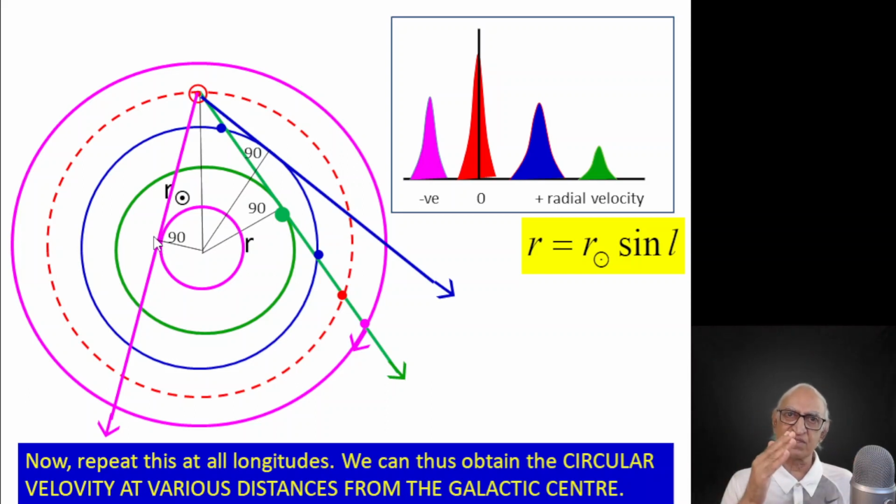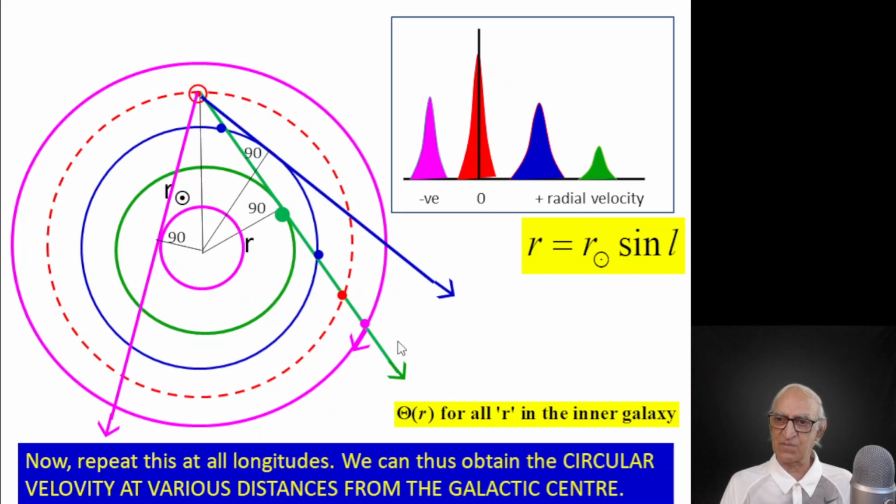Therefore, by doing these observations at all longitudes interior to the solar circle, we can determine the circular velocity of the clouds at all values of r interior to the solar circle. In other words, we have determined theta of r as a function of r, which is what we set out to do. But this is not the entire galaxy.